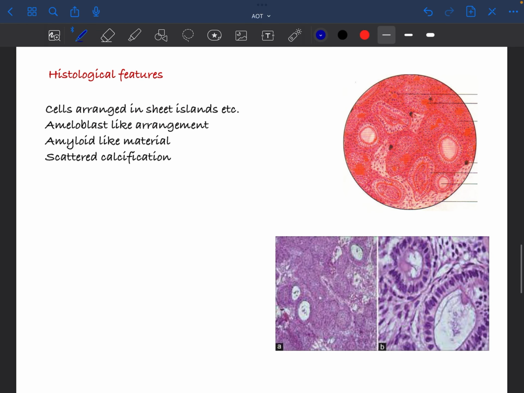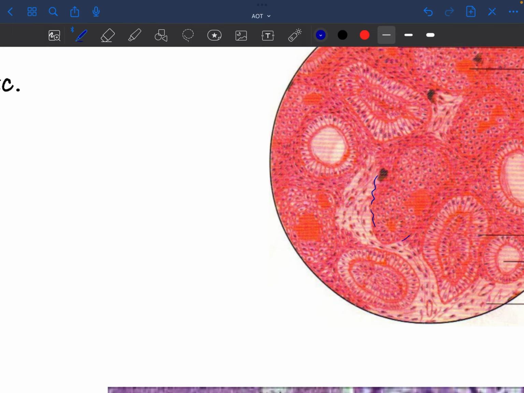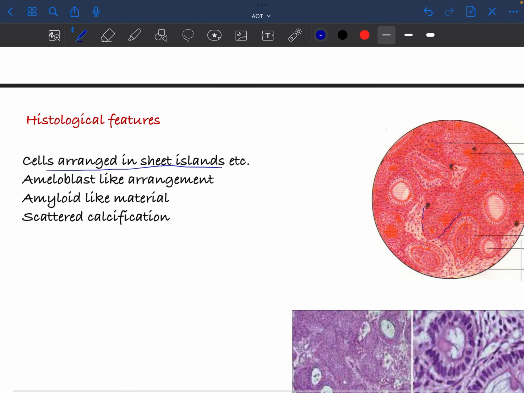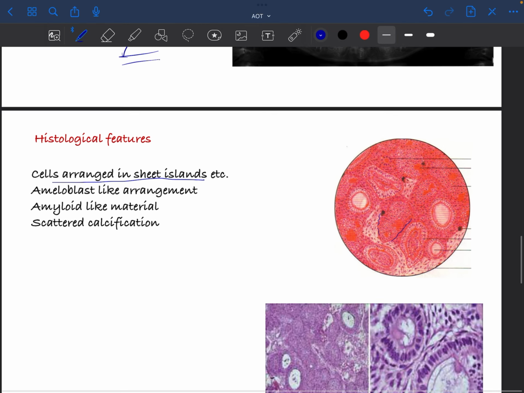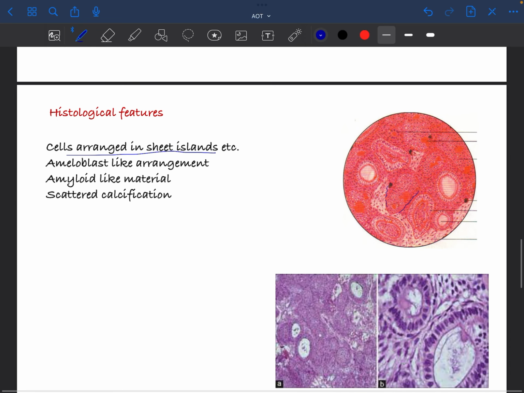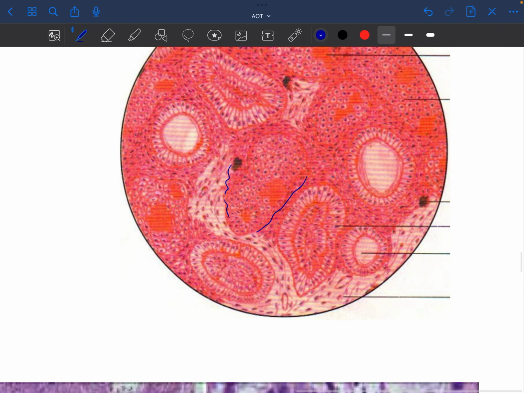Histologically, this tumor has features similar to a normal ameloblastoma. Cells are arranged in sheets and islands, as you can see, with ameloblast-like arrangement, and amyloid-like material is very common. The only differentiator is the presence of gland-like arrangement, glandular arrangement, which is this.